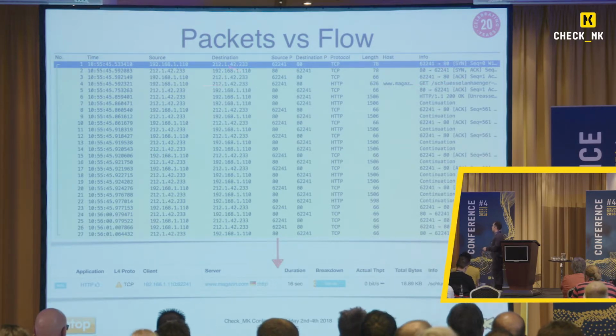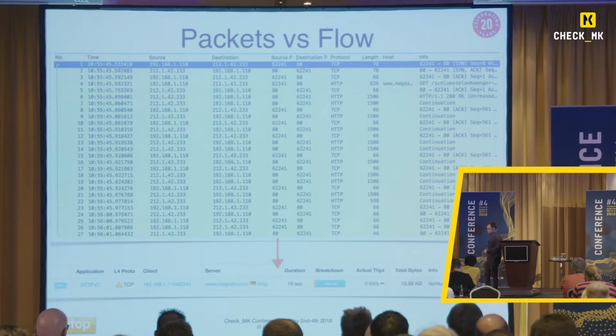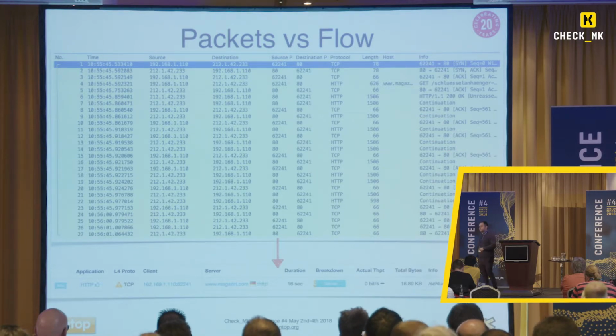As you can see here, we start with a TCP three-way handshake, then we issue an HTTP GET request, and we start receiving many packets with chunks of the response, until the end with the TCP FIN-ACK that closes the connection.